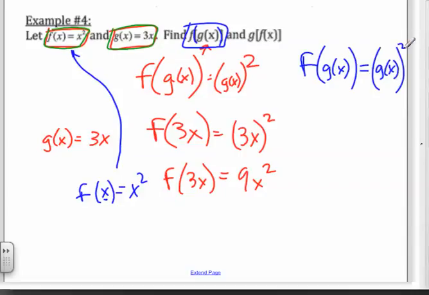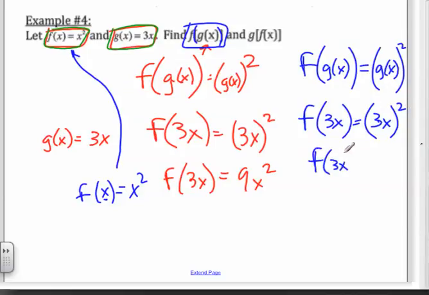I replace the x with g of x. But Max, what's g of x equal? It equals 3x. So I'm just going to replace g of x with 3x, squared. So f of g of x is equal to 9x squared.